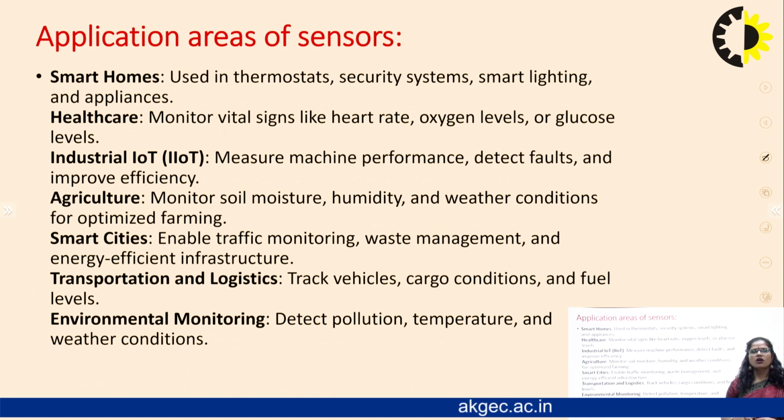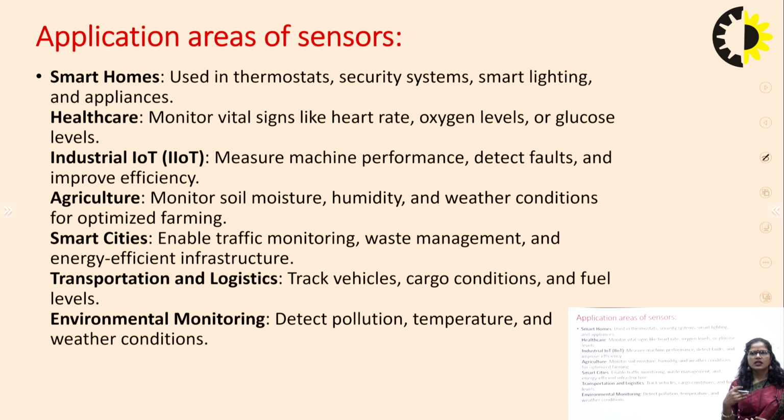Next we will talk about some application areas where sensors are most widely used. For example, we will take a smart house. Every person wants to build a smart house, and in today's world many cities are developed as smart cities just to make human life easier.